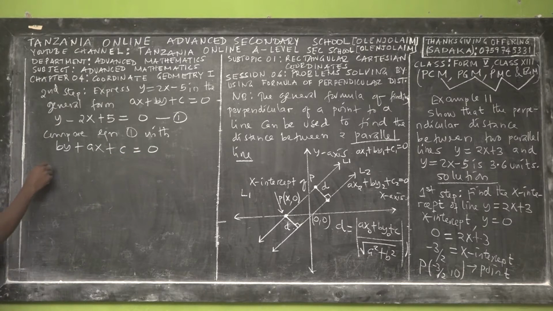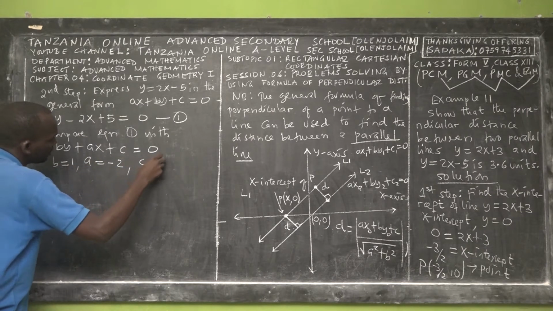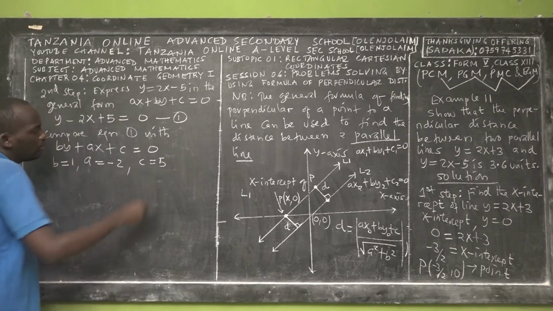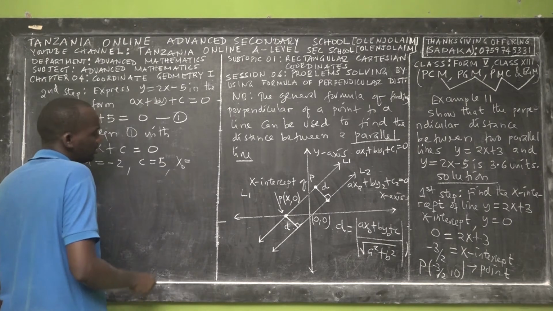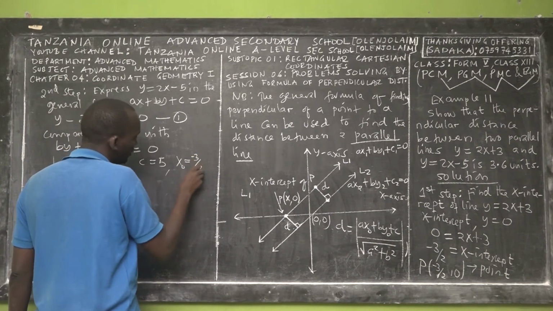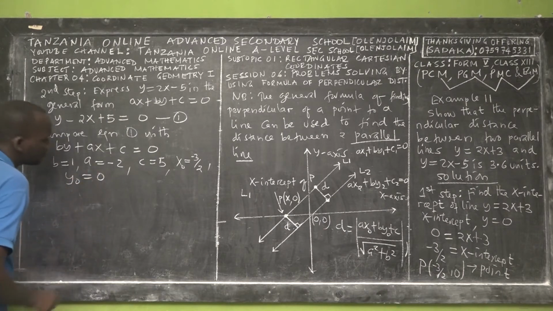So from that, you find b is equal to 1, a is equal to negative 2, c is equal to 5. x naught is equal to negative 3 over 2, and y naught right now is equal to 0.